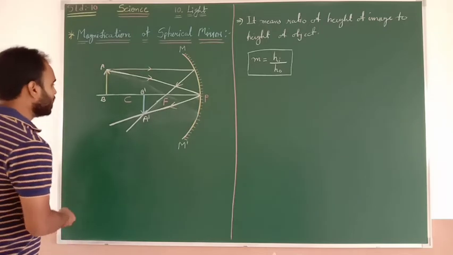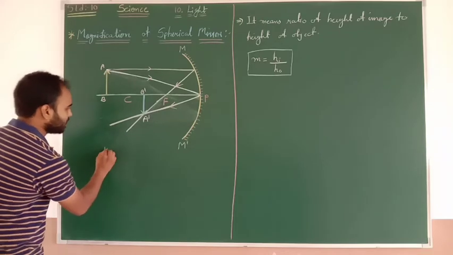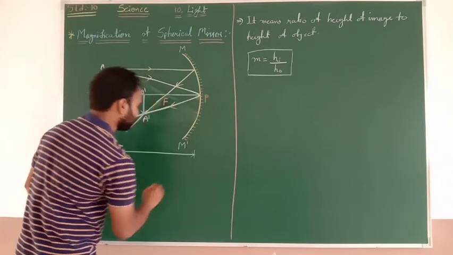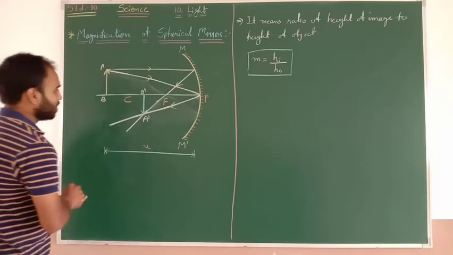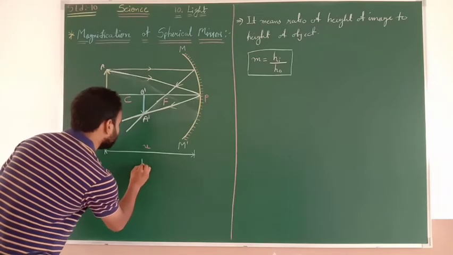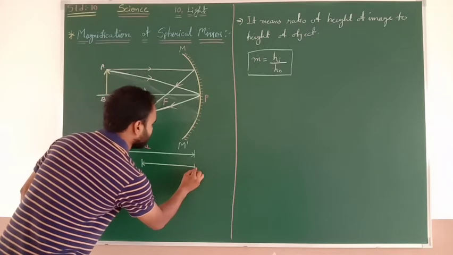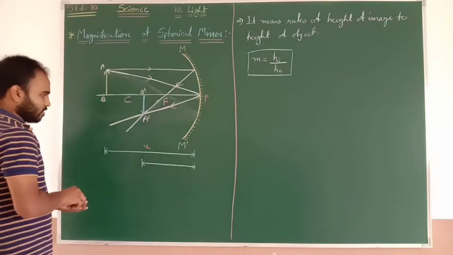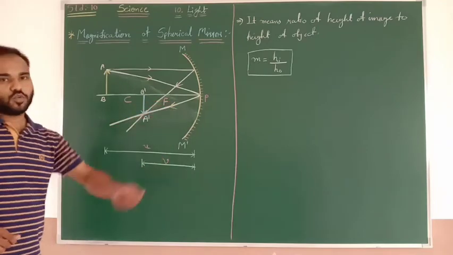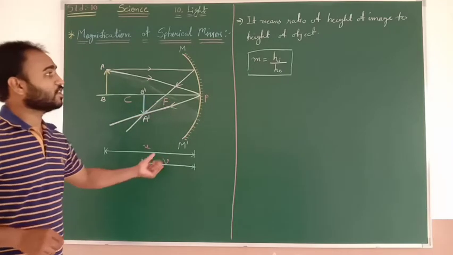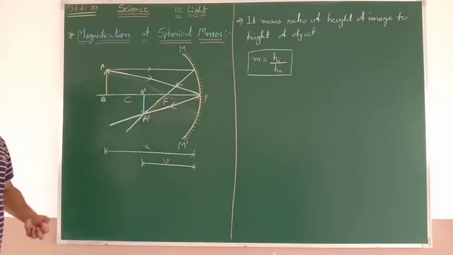Now we will write down here the object distance, that is the distance between the object and the pole, that is u, and the image distance, the distance between the image and the pole, that is v.